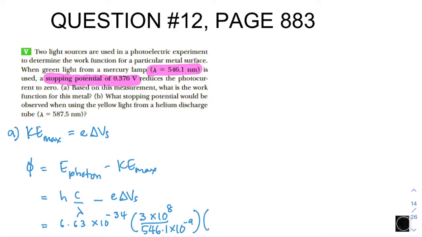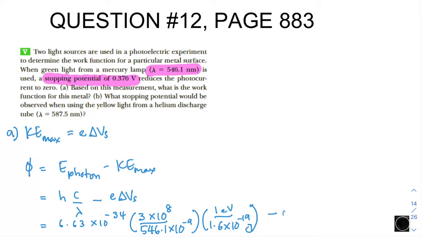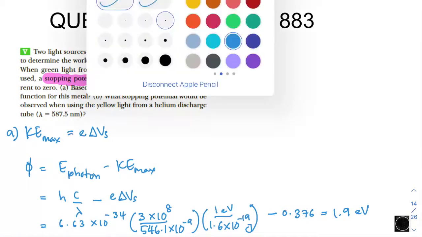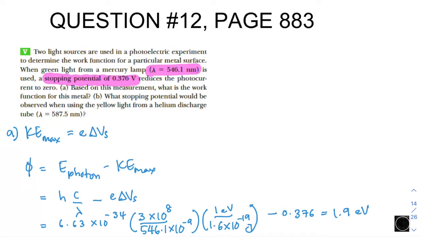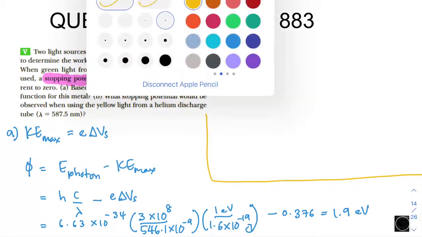Do not forget to convert, 1 eV over 1.6 times 10 to the power of negative 19 joules. And then minus 0.376 eV. So you will get your answer, 1.9 electron volt. This is part A, and here will be part B.